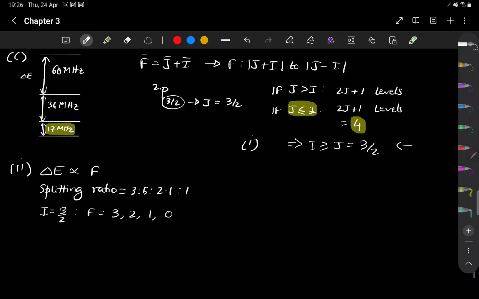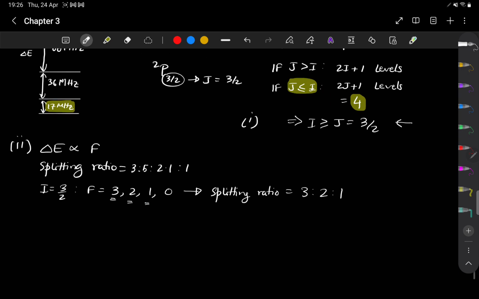So you can clearly see that because delta E is proportional to F, if I write down the values based on this, the splitting ratio will be 3:2:1, because we look at the higher value of F. So 3, then 2, and then 1.